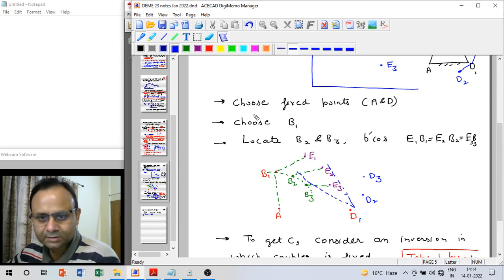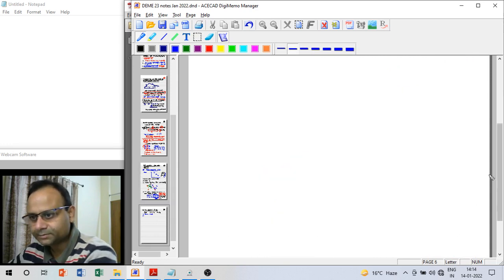So only this step will change. How to get B will change, and after that we have to follow the same steps. So how to get B now?